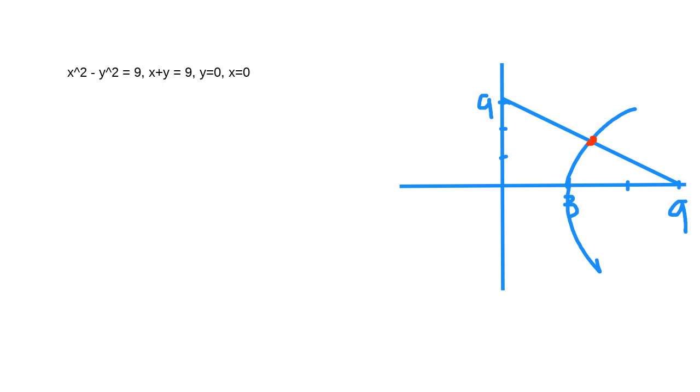Now we know x and y cannot be 0 at the same time, and they cannot be additive inverses, because I want to divide by x plus y. So if x plus y is not 0, we can divide, then x minus y equals 1, right?